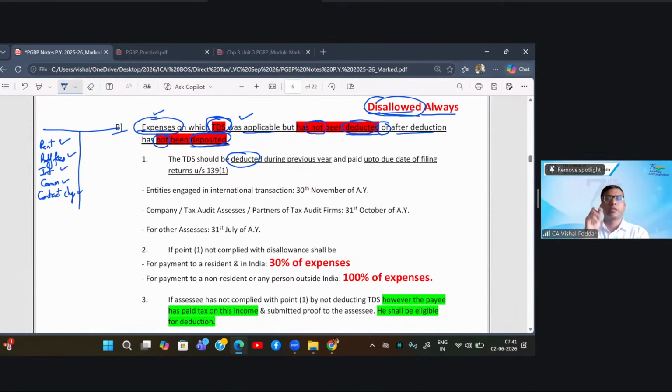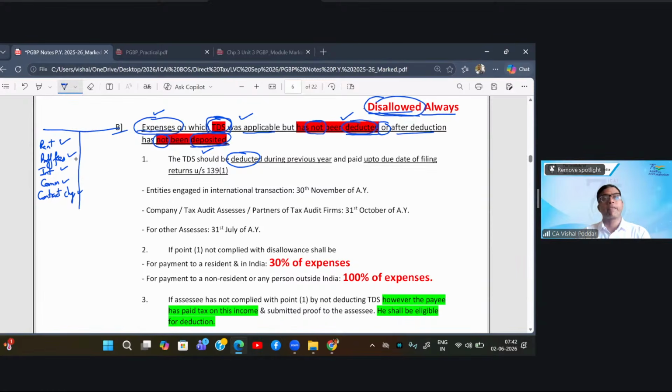This is the mistake given in the PGBP head. What is the mistake? First, TDS was applicable and you forgot to deduct TDS. Or second, after deduction, you did not deposit the tax.